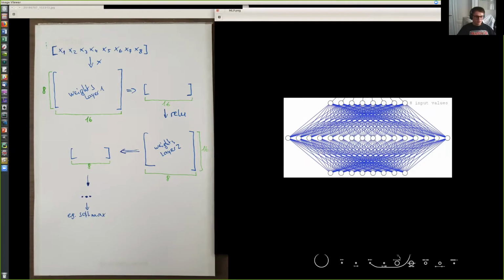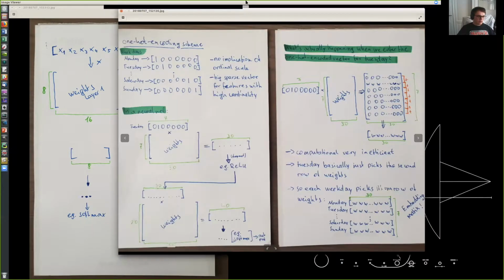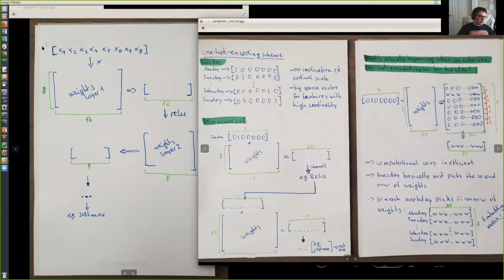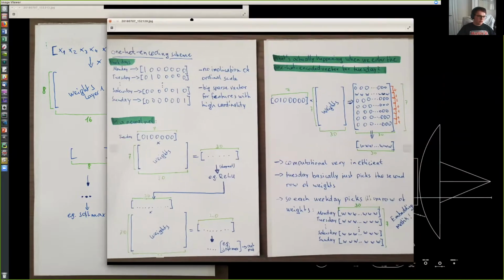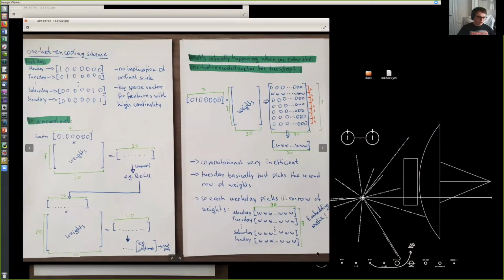Okay. So in this first case, there are continuous numbers, so continuous variables. And when you have factor variables, you have to do, or classically you did, something called one-hot encoding.